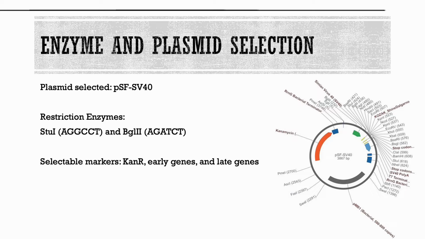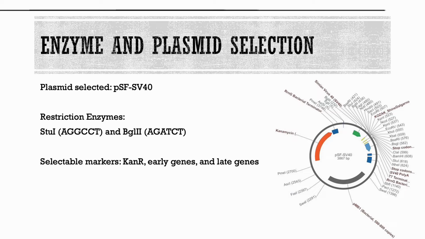For my enzyme and plasmid selection, I selected the vertebrate plasmid, which is pSFSV40. And on this plasmid and my gene plasmid vector, I was able to find the two enzymes known as StuI and BglII.